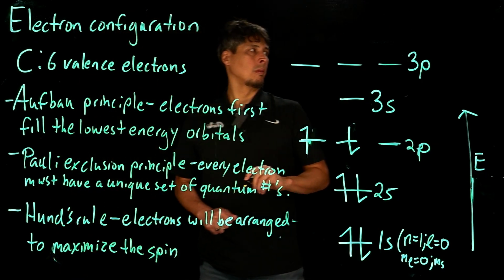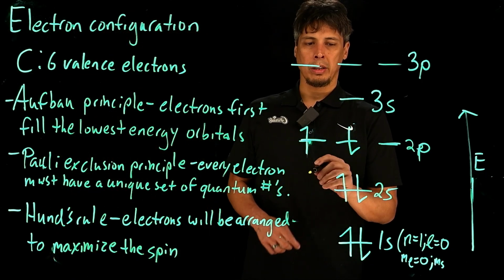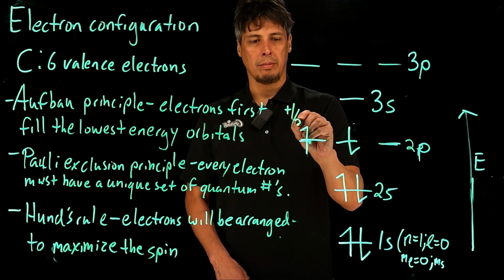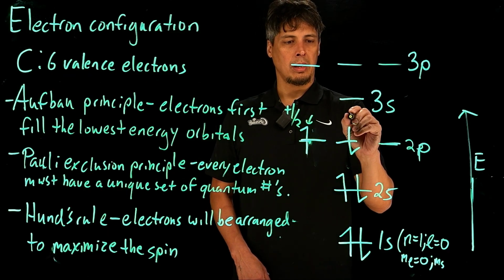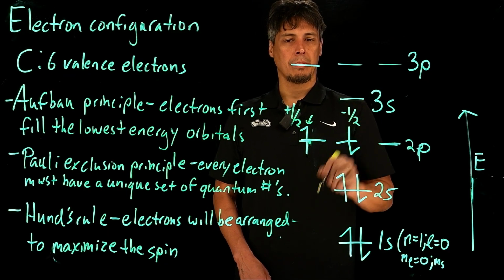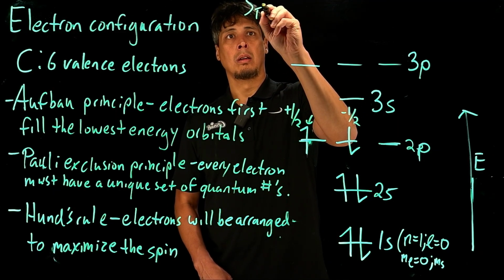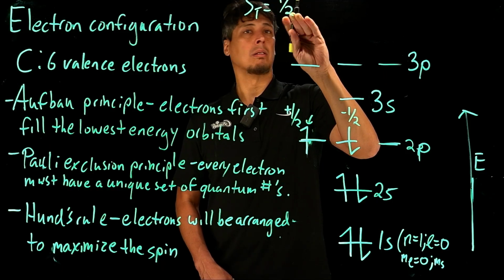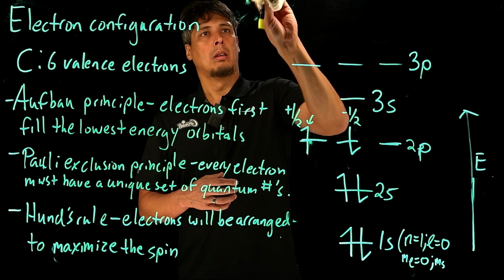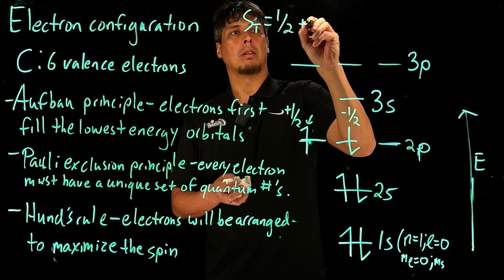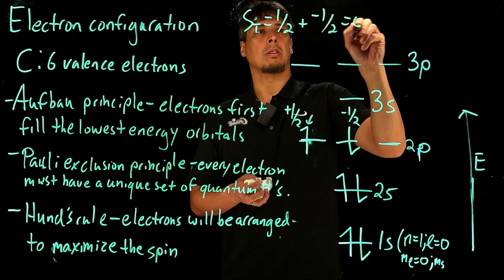What that means is if this electron has a spin of positive 1/2, and this has a spin of negative 1/2, we have a spin total of 1/2 plus negative 1/2 equals 0.